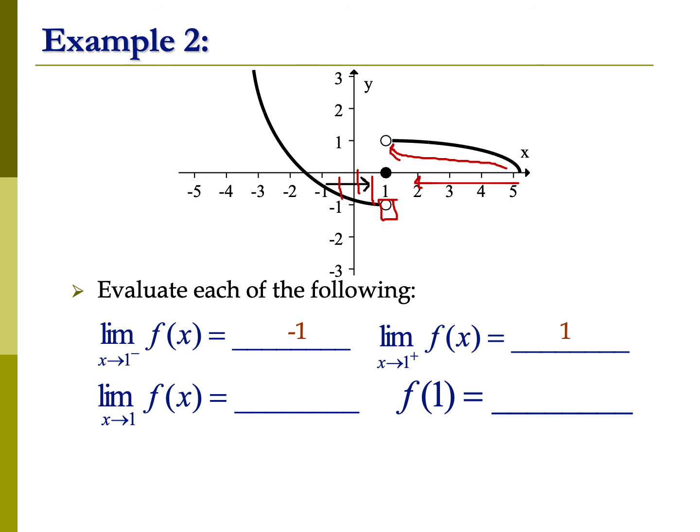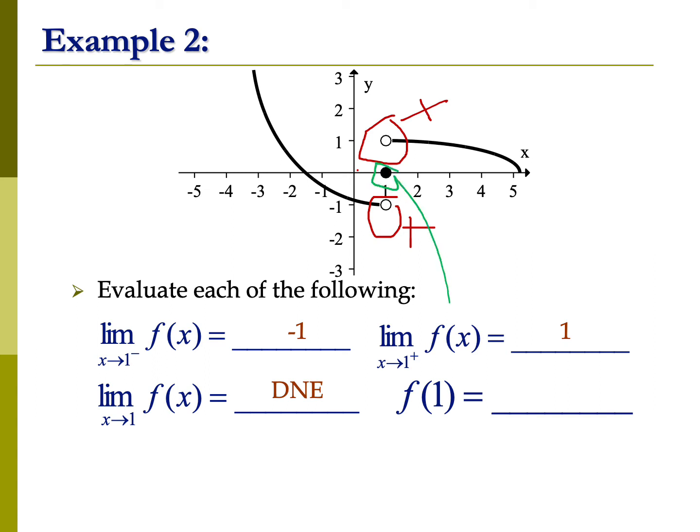Since they are different from each other, they are not equal, so the limit does not exist. And also here, the good thing is to know the exact value at 1. Here, the exact value is not this, it's not exact, and it's also not this, because it's not shaded. Only that point is shaded. So this is f of 1, and f of 1 here is 0.